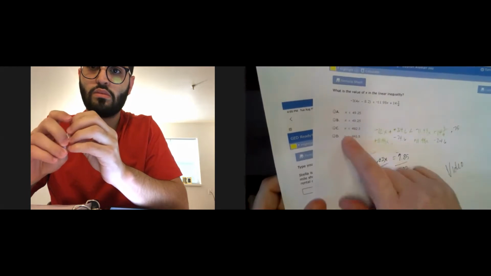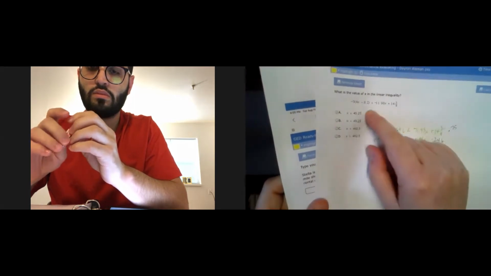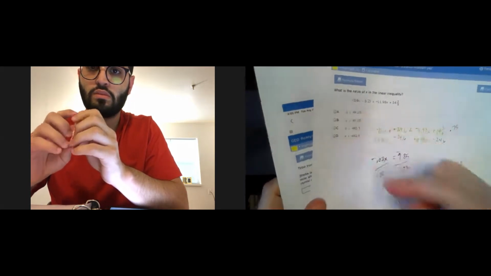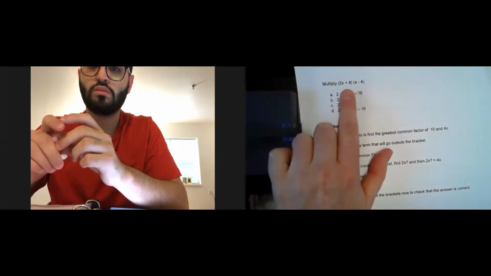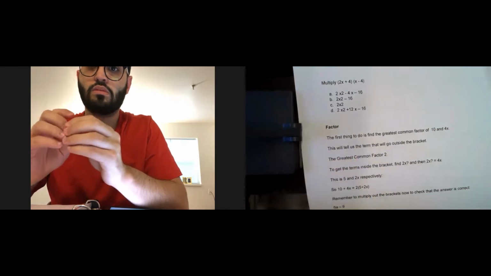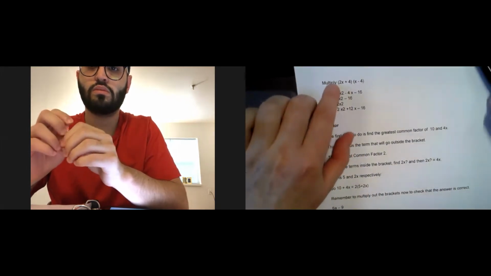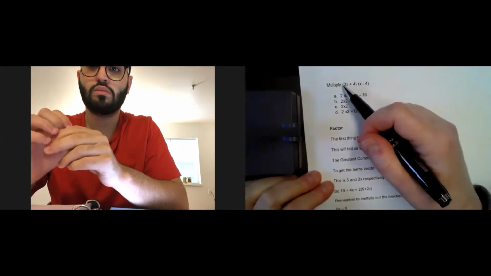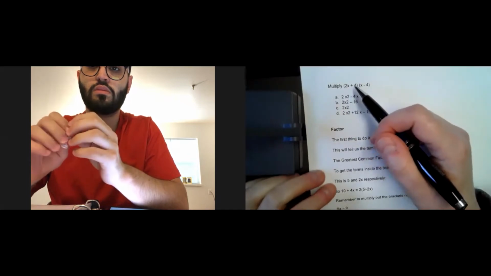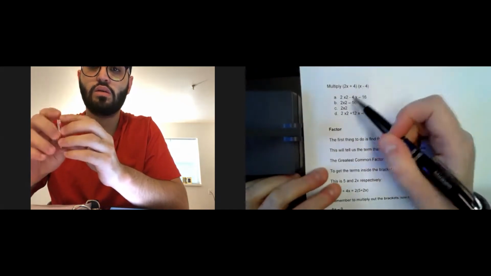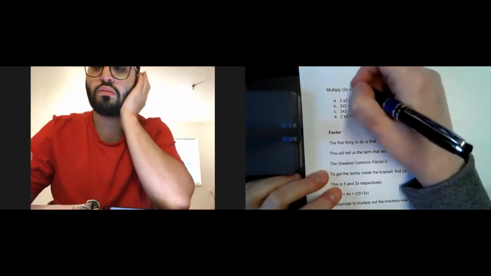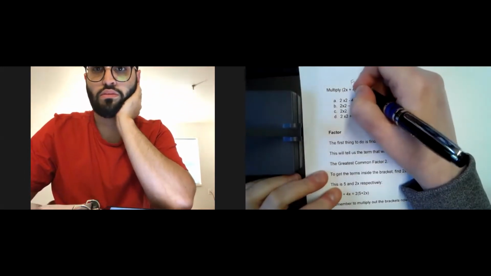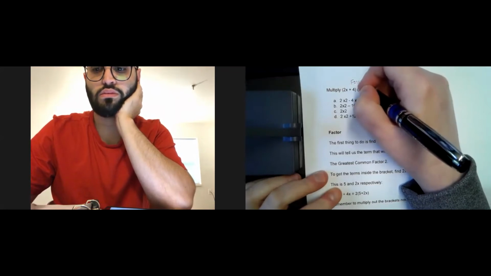Okay, so this one, as complicated as it was, is exactly the same format as this one. Except this one doesn't have a number outside that you have to multiply the interior with. And so if you're doing this one, and this is a FOIL method again, first, outside, inside, last.